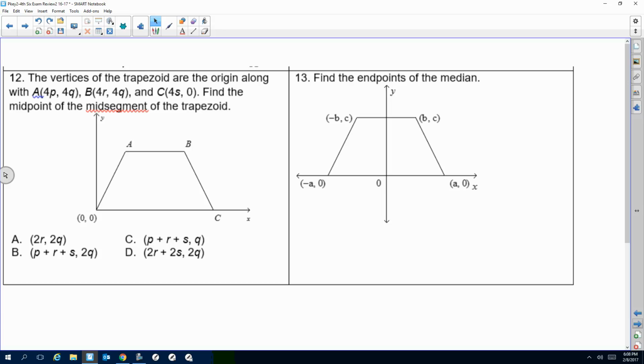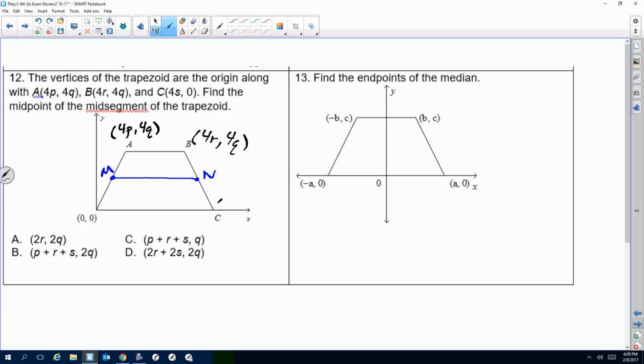So over here, doing the same thing. Draw your mid segment. I'm going to go ahead and put an M for midpoint and N for the other midpoint. We know A is 4P, comma 4Q. Our B is 4R, comma 4Q.